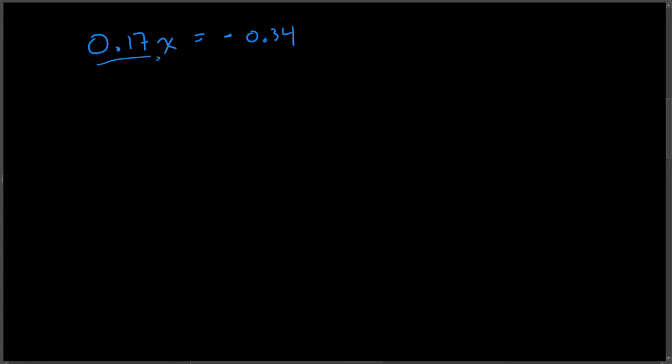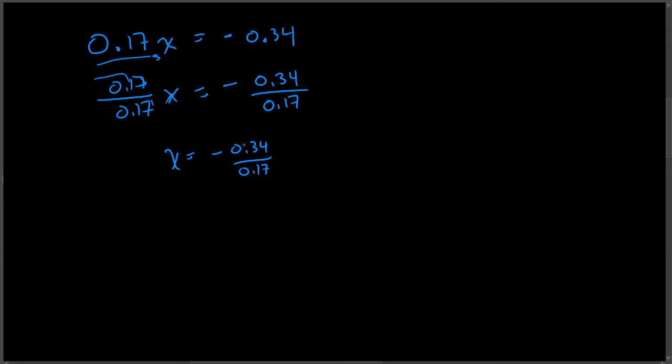Well, I want to isolate my unknown quantity, and so to do that, I need to divide by the coefficient. Because if I divide by the coefficient, this becomes 1. Anything divided by itself is 1. But whatever I do to one side, I have to do to the other. So this has become 1, and this leaves x with this division.